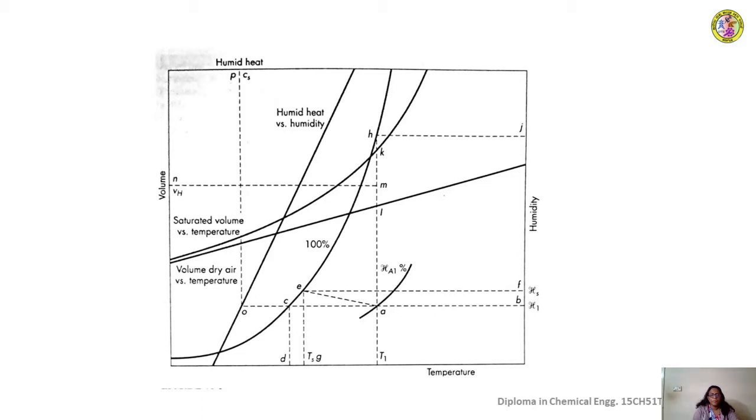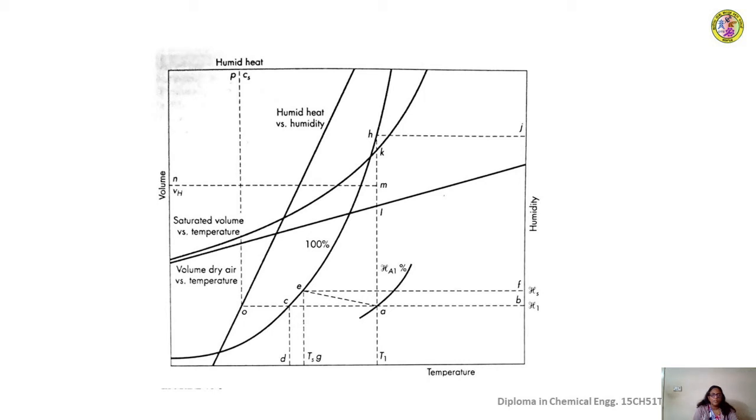Then from point A, if you draw a straight horizontal line towards the left, that line will cross the 100% line at point C. From point C also you can read a temperature on the x-axis that gives you the dew point temperature of the given sample of air.